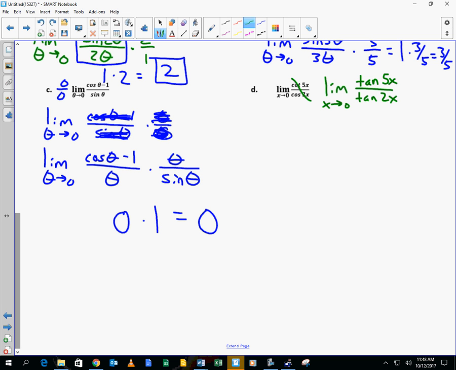They're just a variable. Now what? Multiply by the reciprocal.